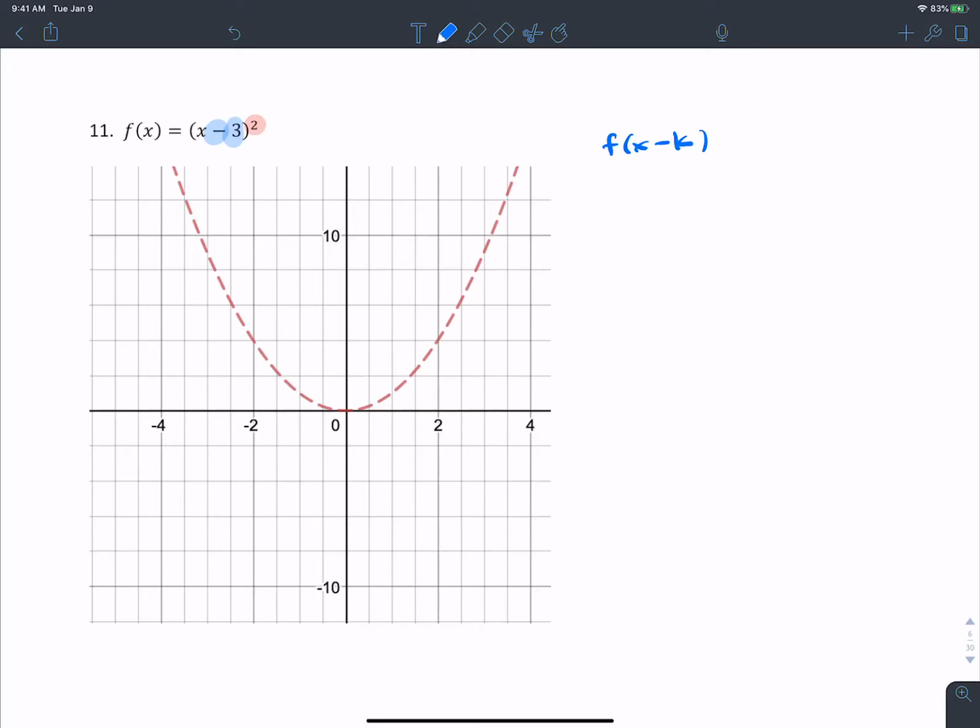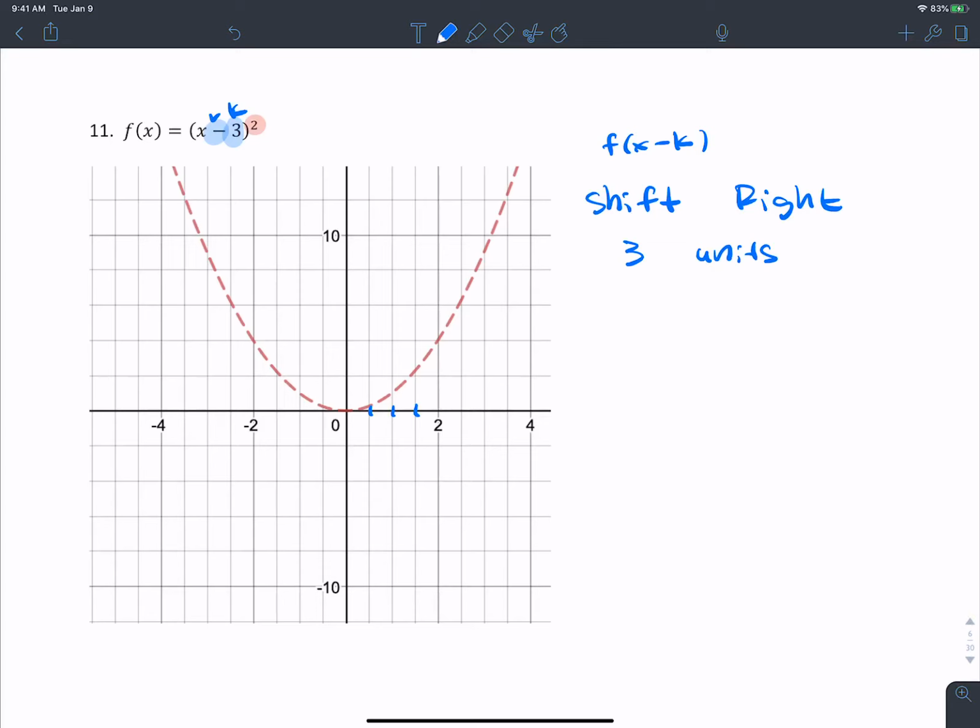And when it's minus k, like in this case, minus 3, we actually have to shift to the right k units, meaning we shift to the right 3 units here. Here's that k value. And when it's negative, it's actually a right shift. This is the negative I'm talking about.